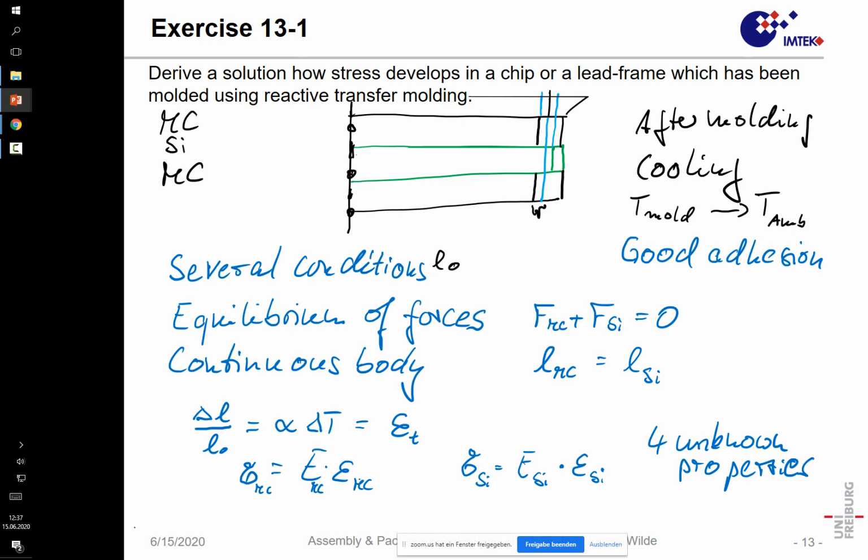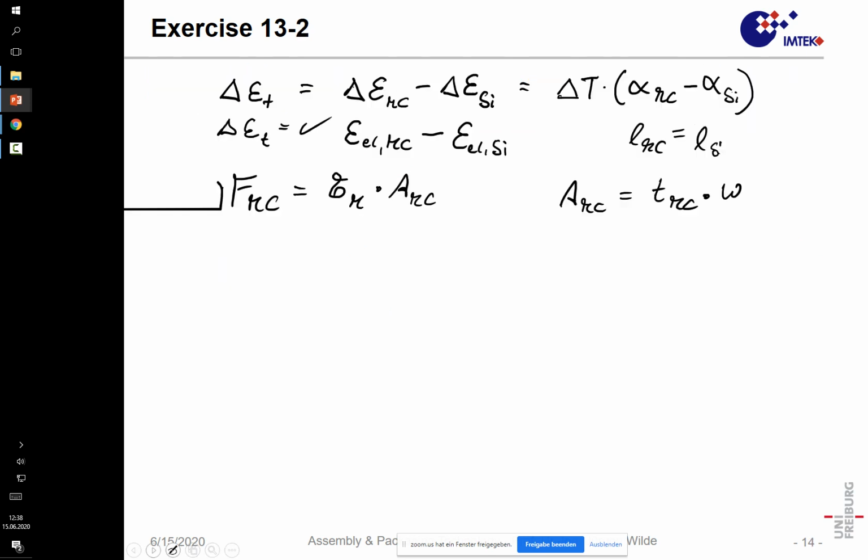Okay, let's go back. We could say that is the width, and that is T, that is T. In that way, we have defined also these properties. So both have the same width here when we regard it. What else do we need?